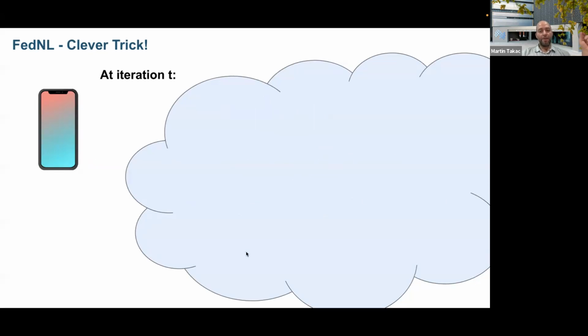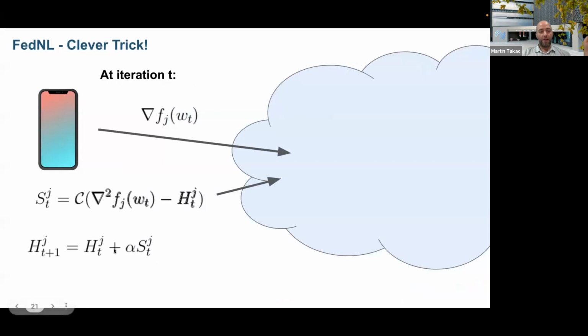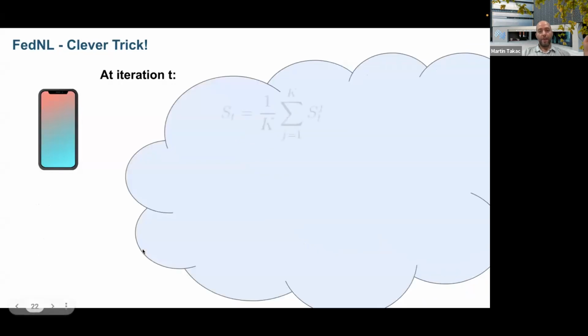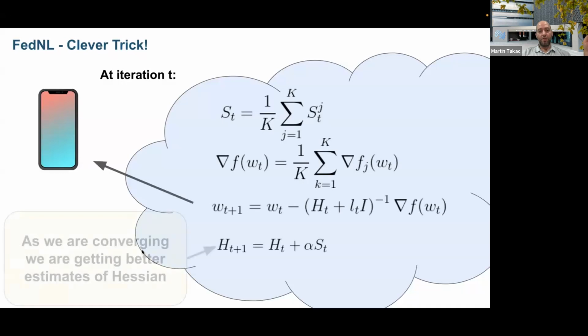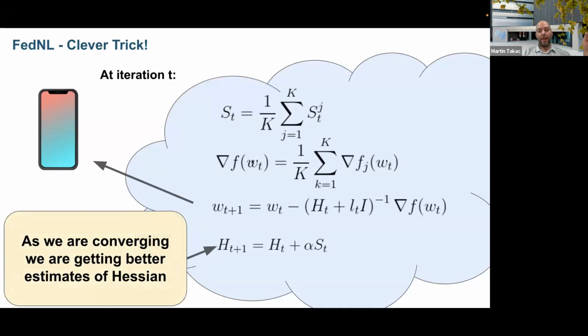Remember, I update my H locally by adding alpha S. And what the server is doing, basically, is computing the average of those S's, and now we define this H_t to be like this. So you can show that this H_{t+1} will be just the average of the local estimates of the Hessians on all those devices, okay?